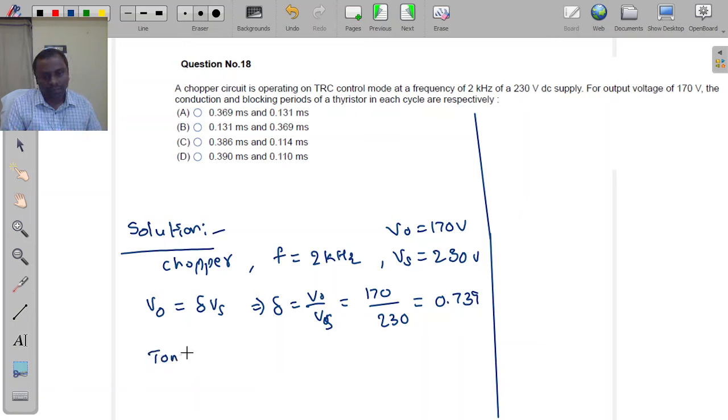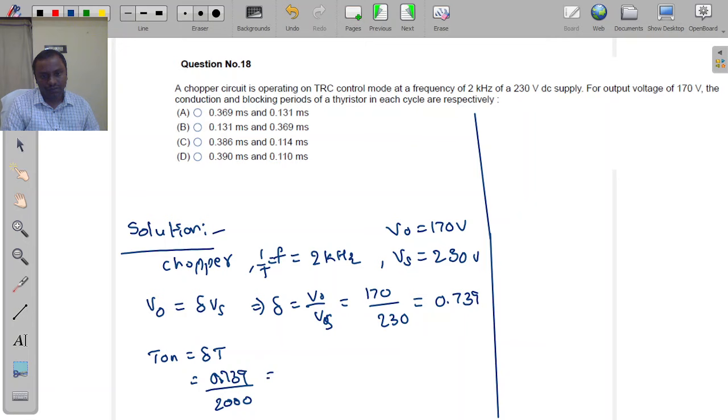So on time is delta times the T, that is, T is 1 by f. Now on time will become 0.739 divided by 2000, since T is 1 by f.